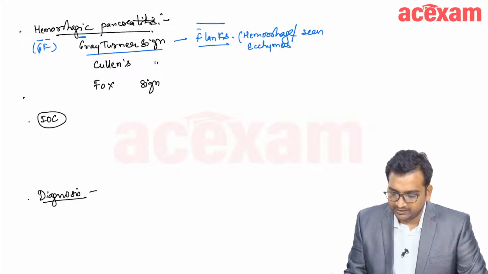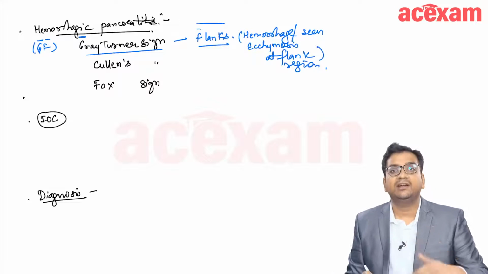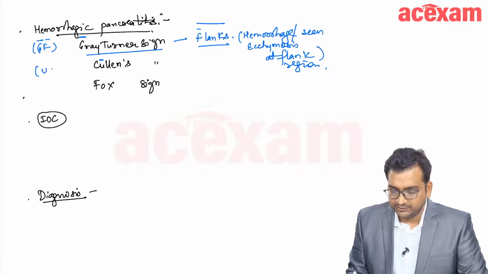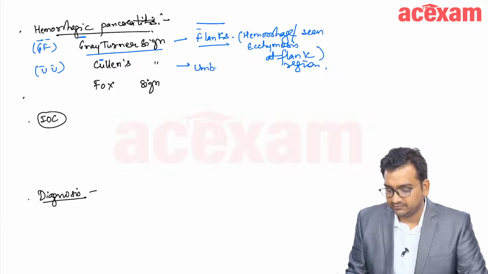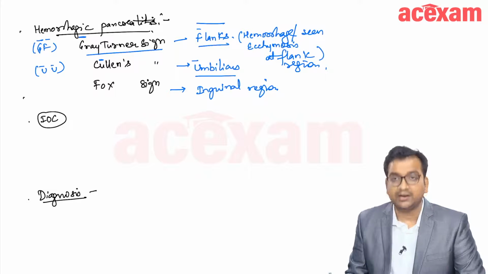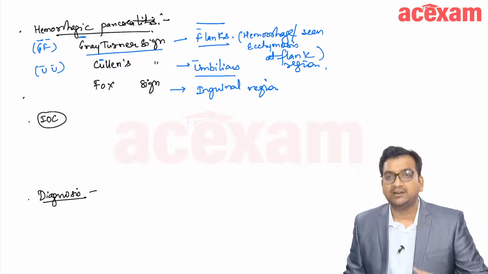Hemorrhage seen at flank region. So this is Gray Turner sign. Now in Cullen's sign, that is U for U, it is seen around umbilicus. And in Fox sign, it is seen around inguinal ligament or inguinal region, you can say. Okay, so this is regarding the hemorrhagic pancreatitis.